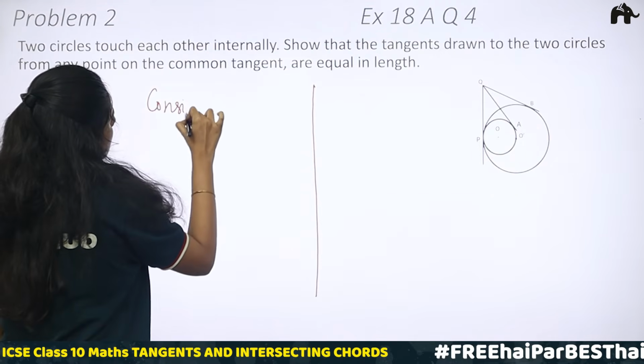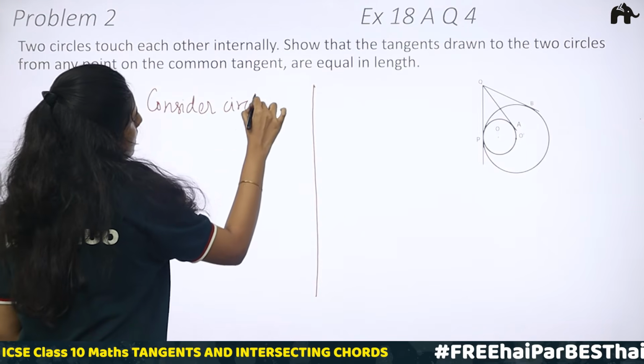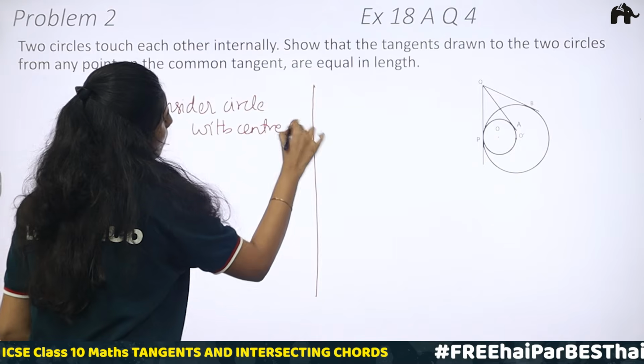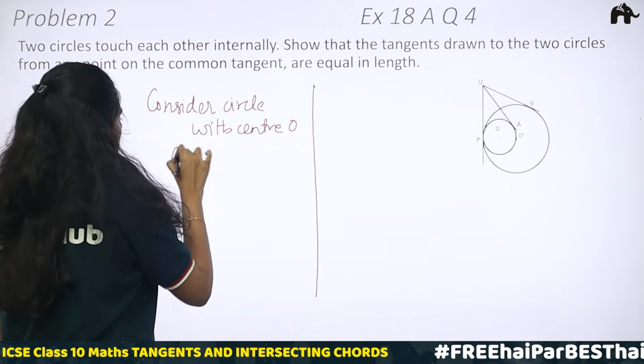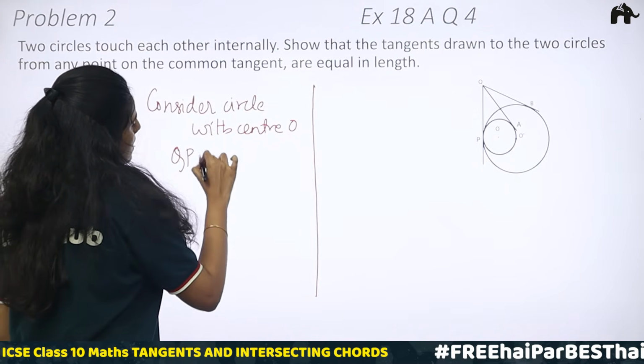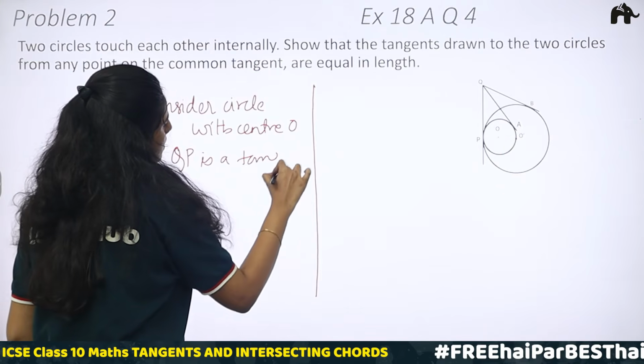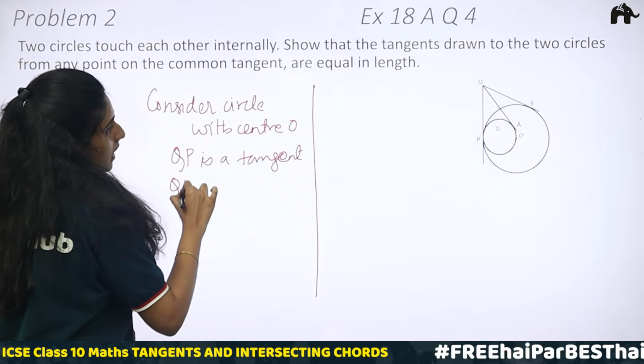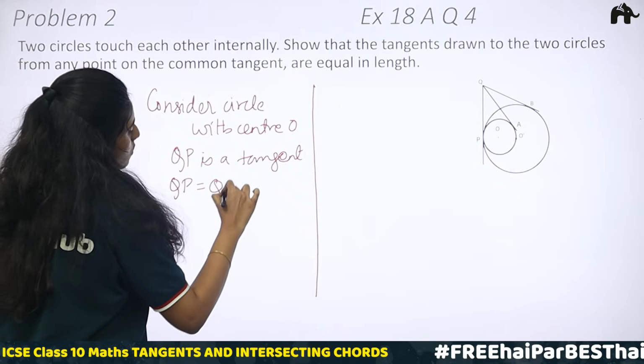Consider circle with center O. QP is a tangent. QP will be equal to QA.